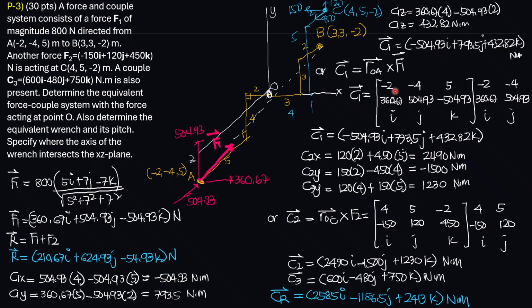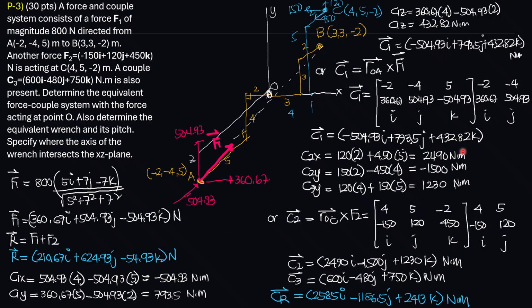So just copy negative 2, negative 4, 5 for ROA. Then the components of the force: 360.67, 504.93, negative 504.93, with unit vectors. Copy the elements of the first two columns, then evaluate the product diagonal. 504.93 times 4i, that's positive.